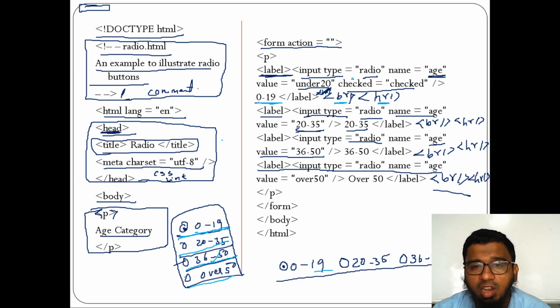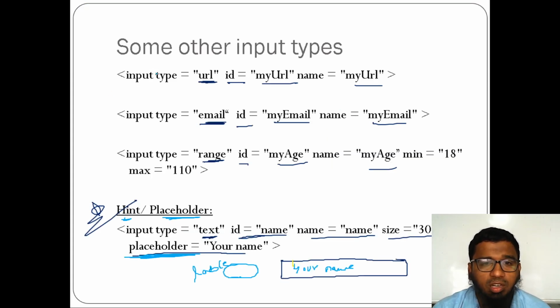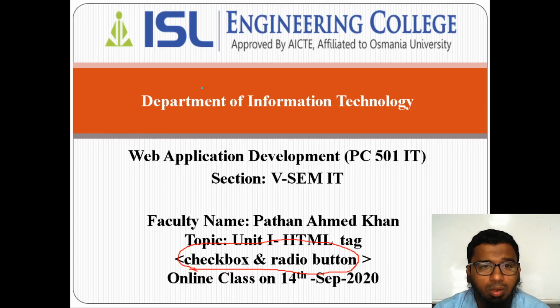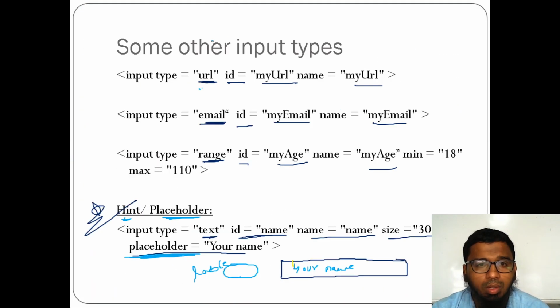If you want the next line, you need to use the break tag. If you want a horizontal line, you need to use the HR. And some other input tags, like URL, we already told you. You can use them for URL, email, range. So this is a tag, and you can use it in the code as well.